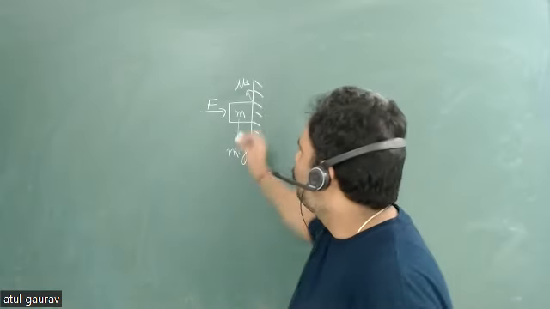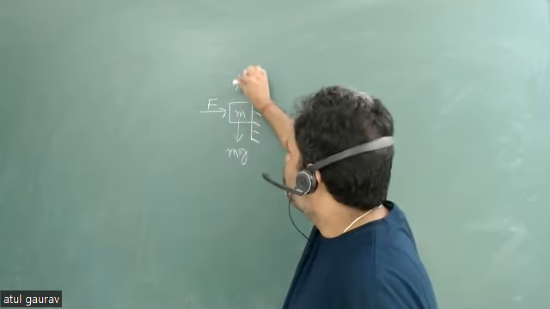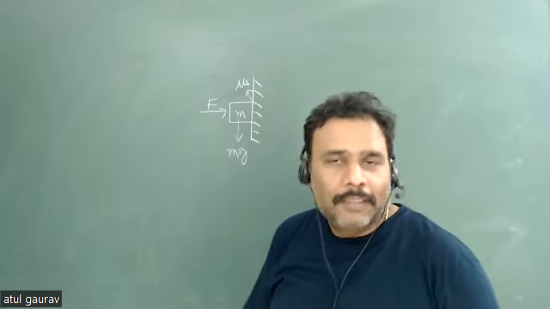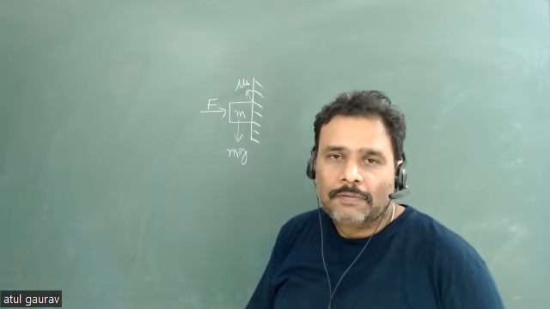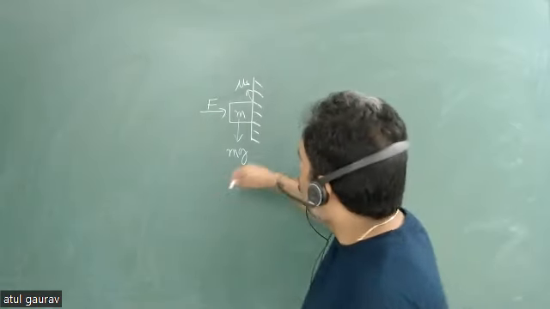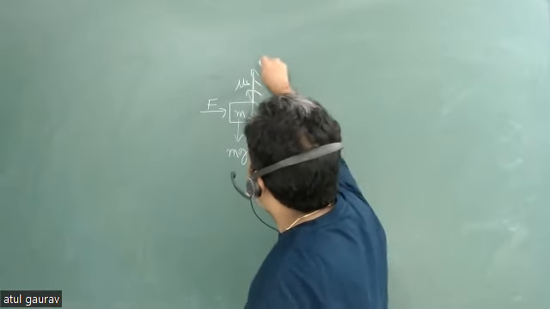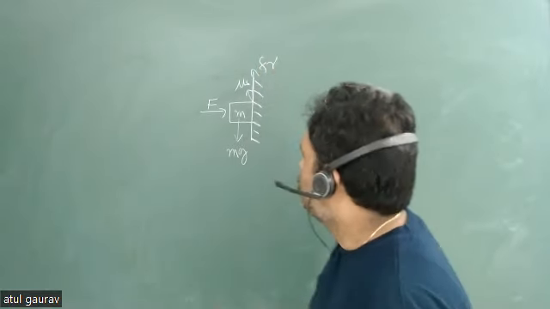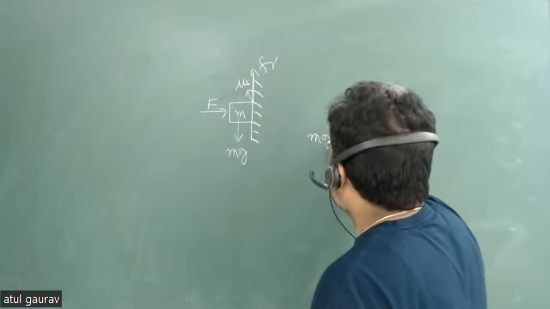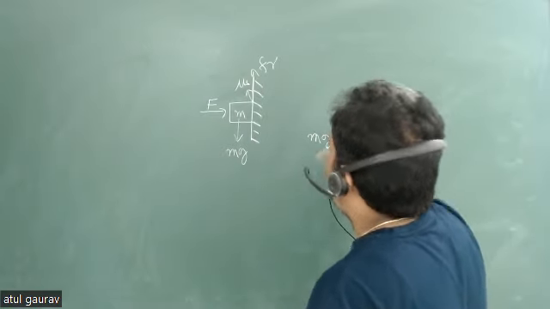If there is not any friction, this mass is bound to fall down, isn't it? So what is the possible direction of friction? जो भी मोशन हो रहा है उसके अपोजिट, this will be your frictional force. So now your mg is equal to frictional force.